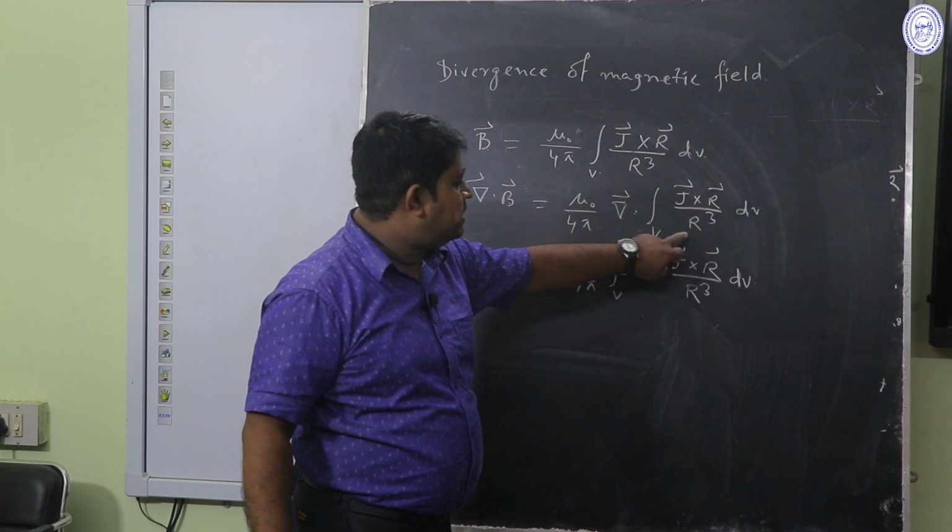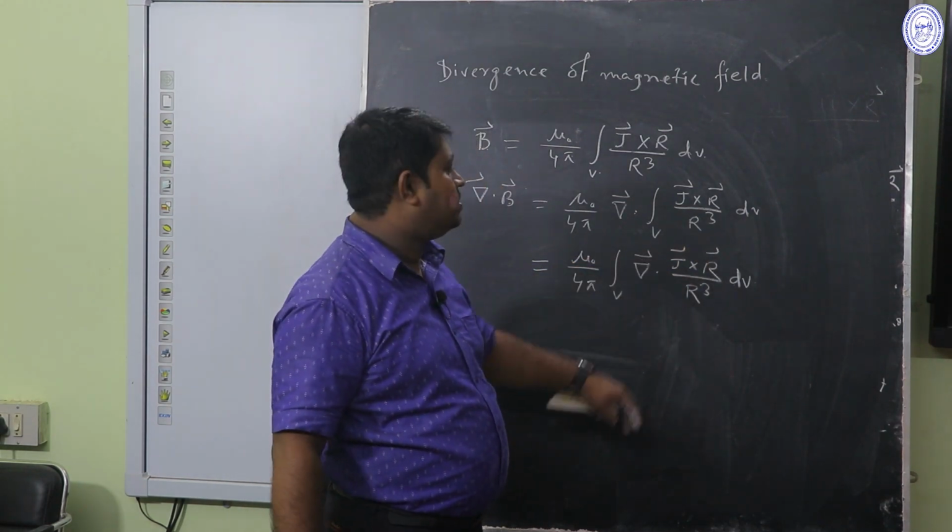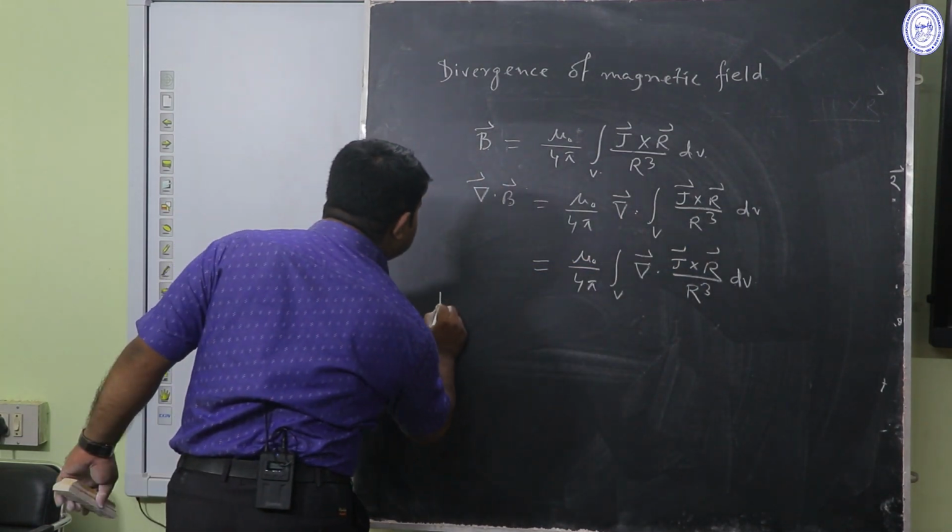Now we have to calculate divergence of J cross R by R cube.